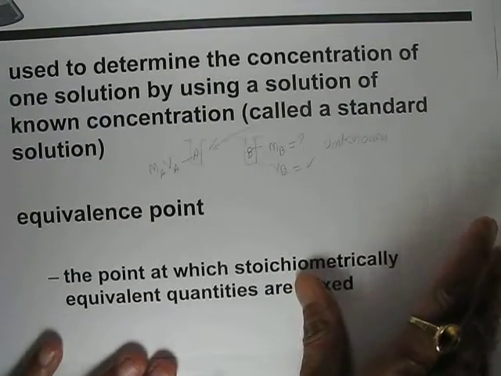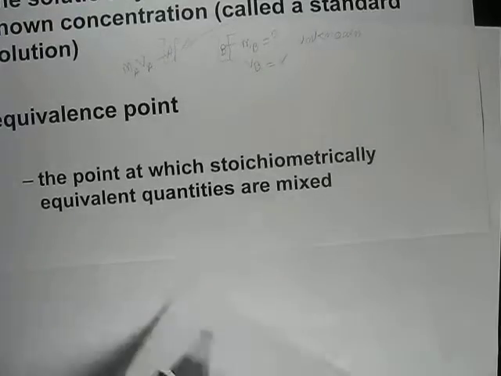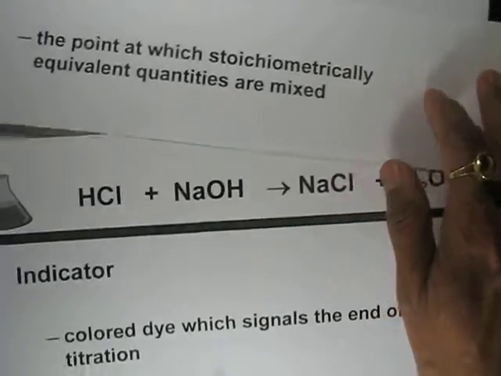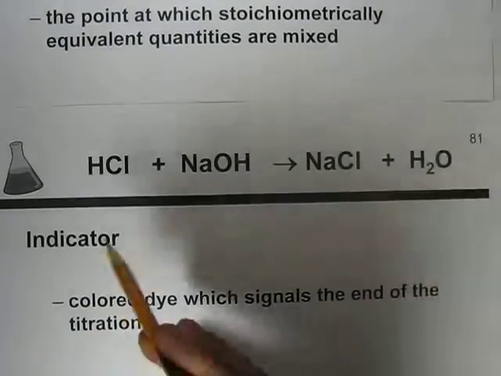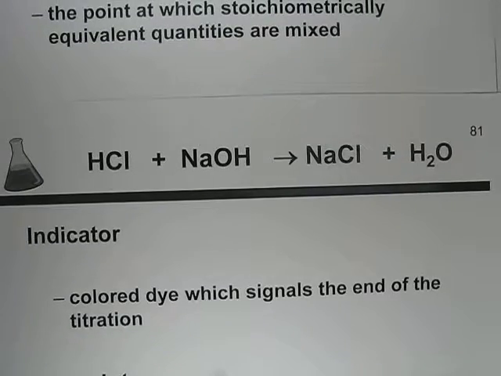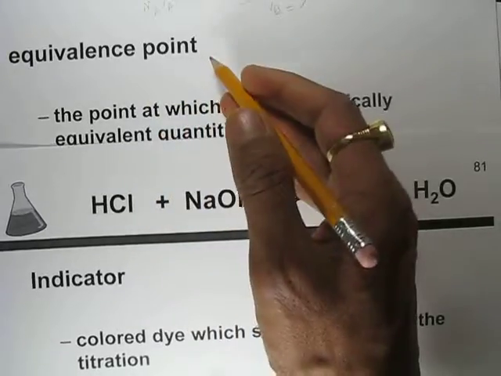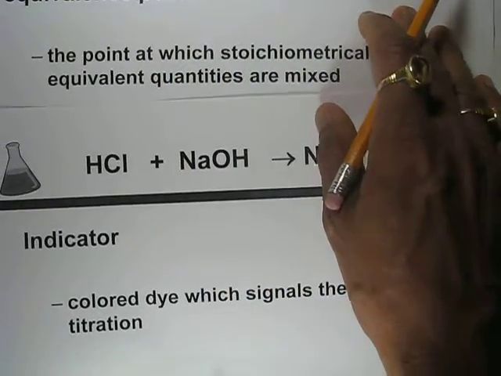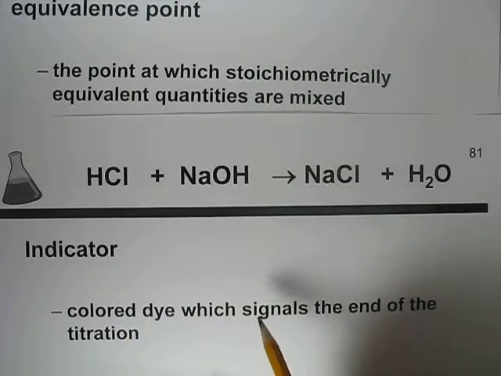Another word used in titration is indicator. Indicator means how we will know that we reach the equivalence point. So an indicator is used.